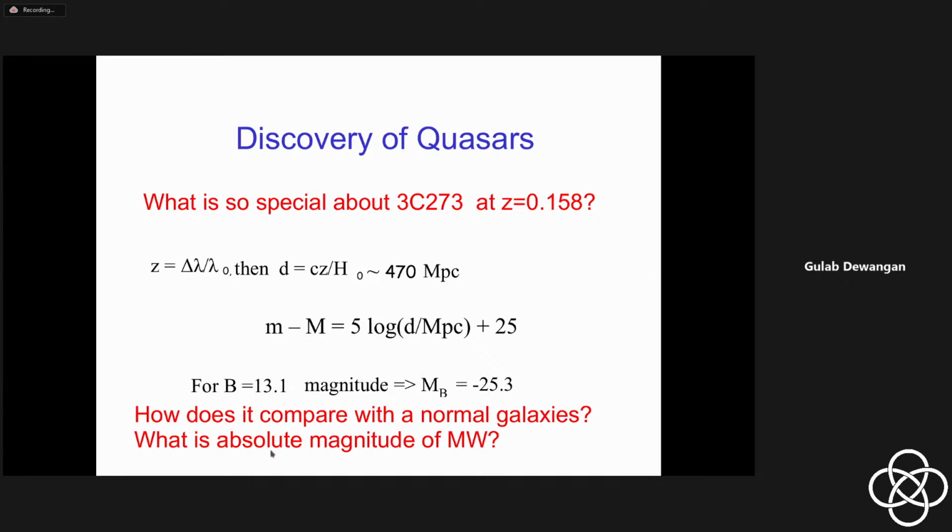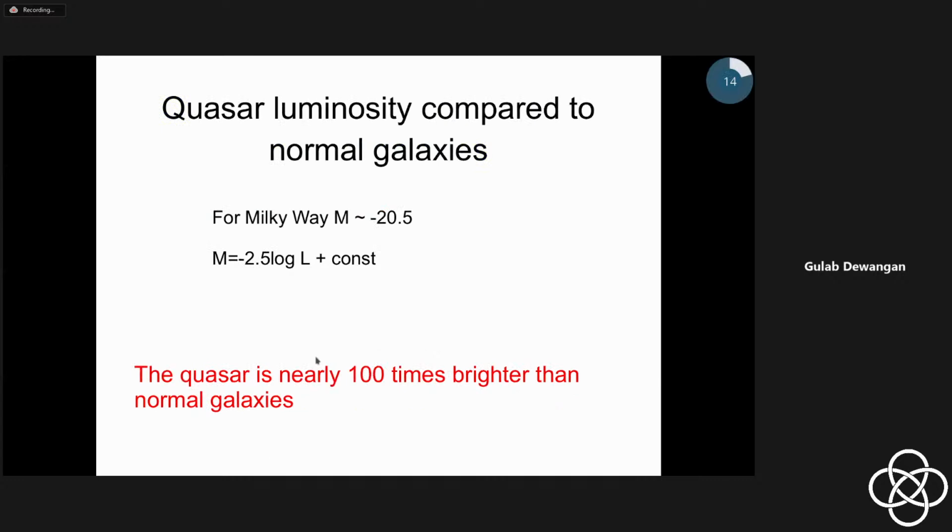So what is the absolute magnitude of the Milky Way? The Milky Way's absolute magnitude is minus 20.5, and then you can compare using this relation, M is equal to minus 2.5 log of the luminosity plus a constant.